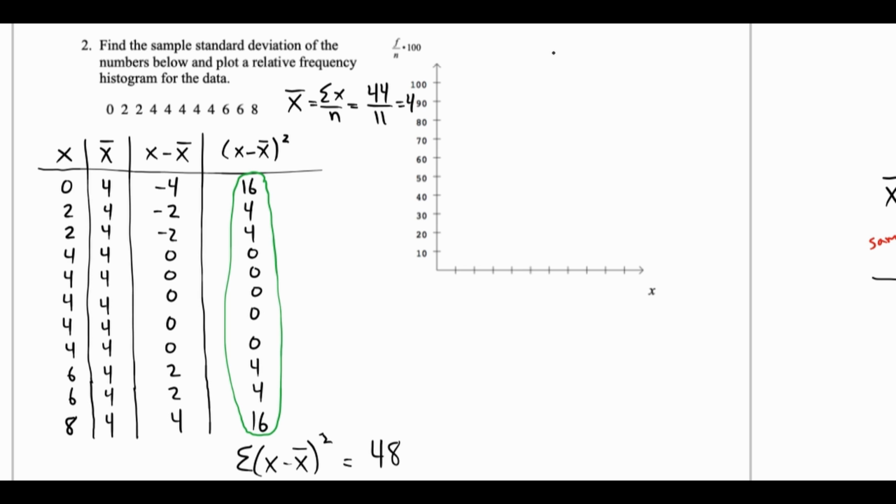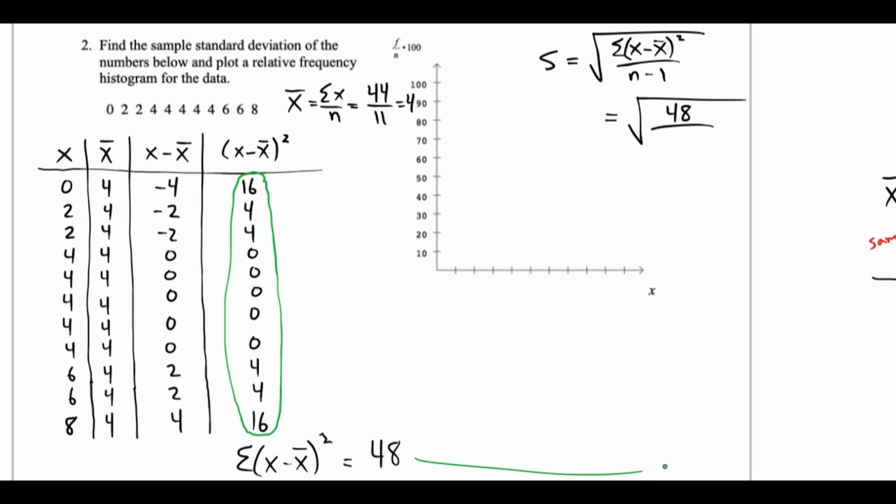So we've got our formula for sample standard deviation, which is the square root of the sum of the squares divided by n minus 1. We'll put our 48 on top because this 48 needs to go here. Then we'll divide by 11 minus 1 because there's 11 data pieces. I get 2.19 out of that. Did you get the same as me?